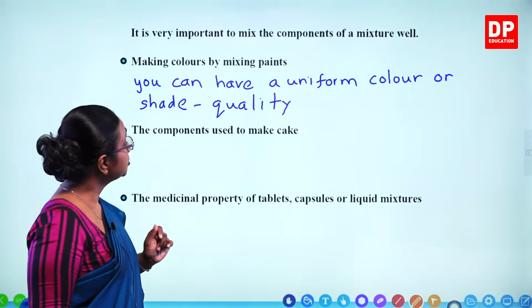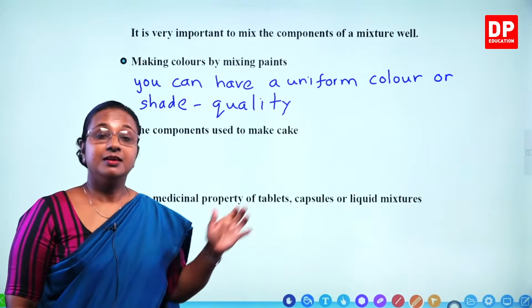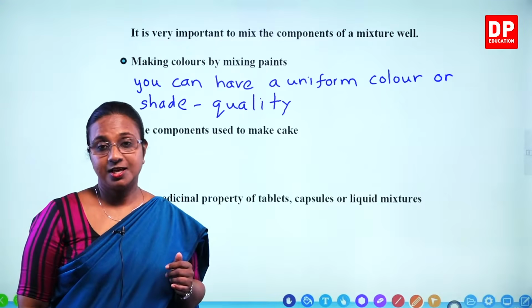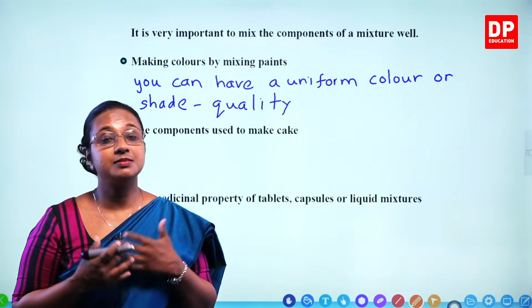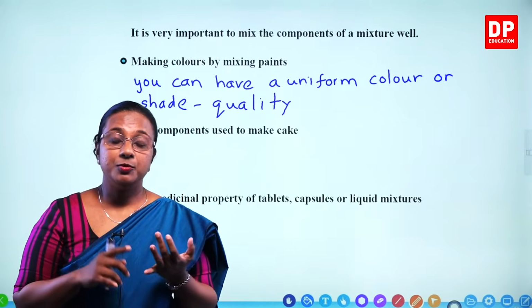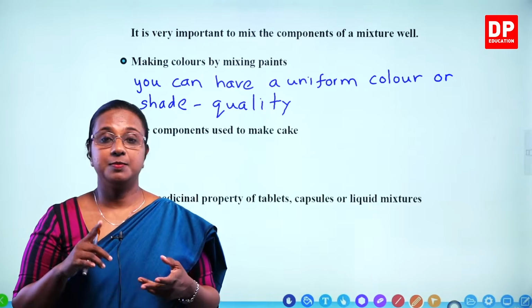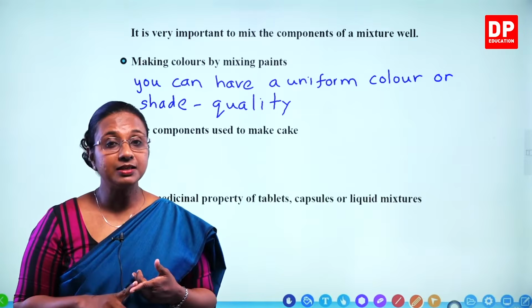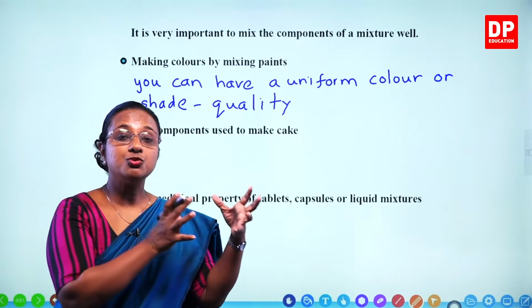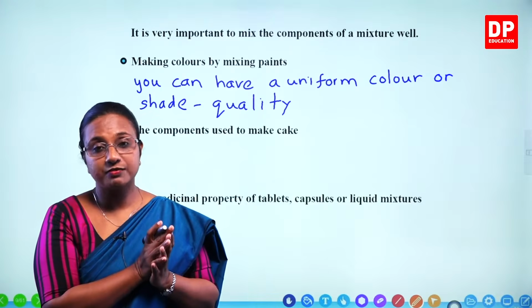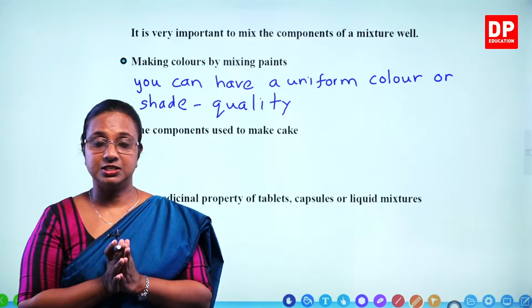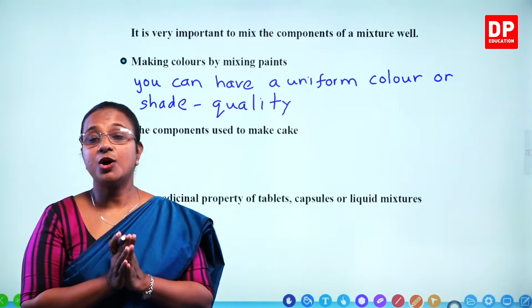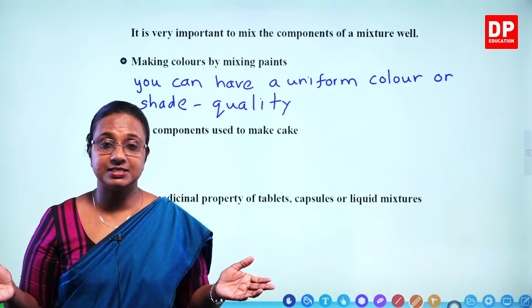Then the components used to make cake. Again I mentioned this. We beat the cake so that all the components mix well. Say we put egg, we put flour, we put sugar, we put butter. If there is too much of sugar in one part of the mixture and not enough sugar in another part of the mixture, then the cake will not have a proper taste.